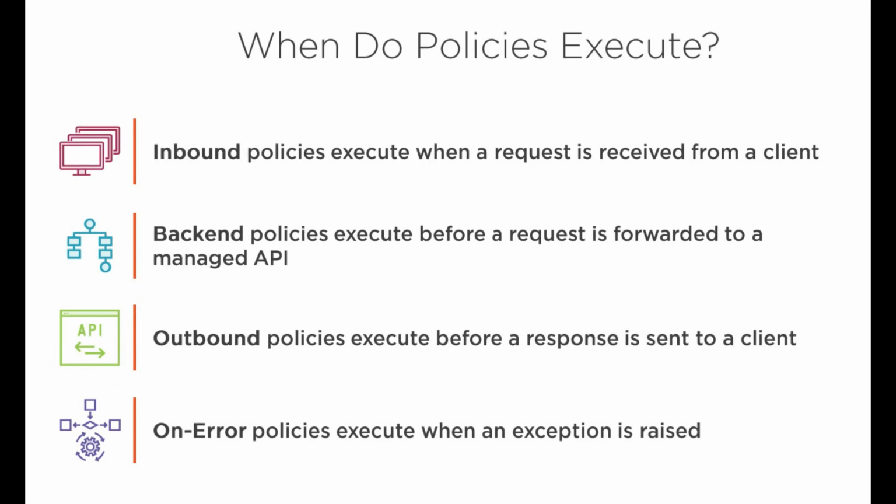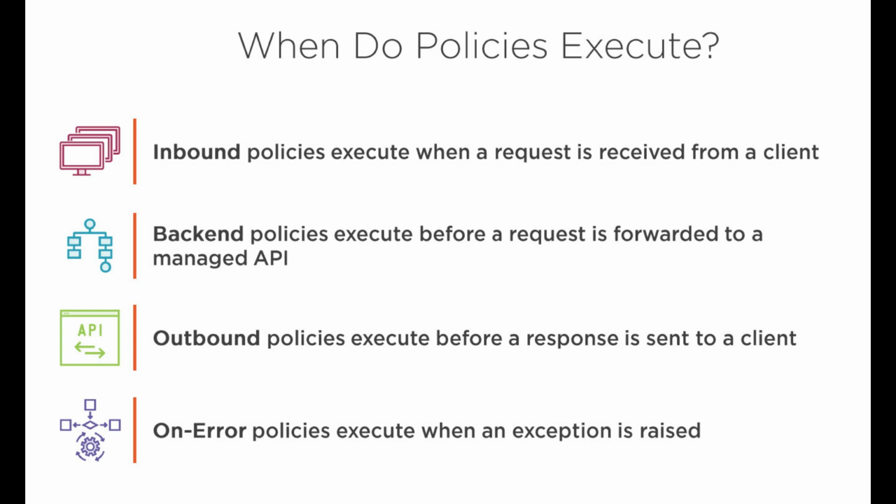So when do these policies execute? If you see, there are 4 ways the policies can execute. One is the inbound, one is the backend, the outbound, and then the last one, the error. If you see on the portal, if you come to this API, you can see this inbound processing, backend, and then outbound processing, and the last one is the error.